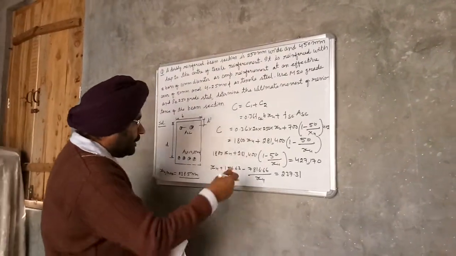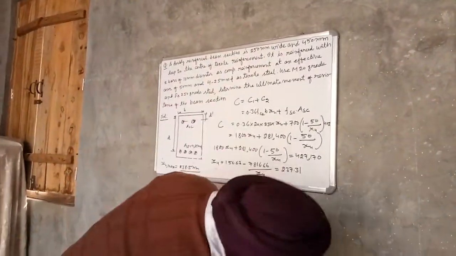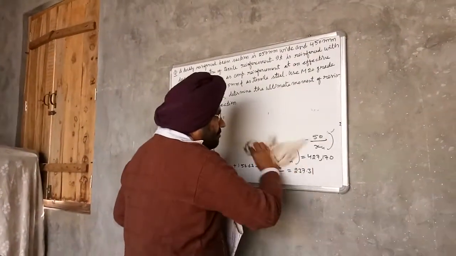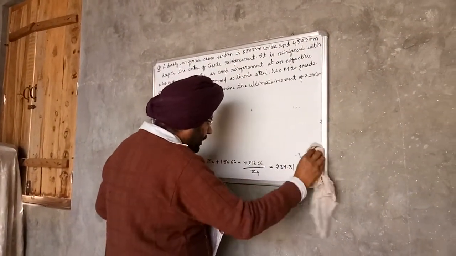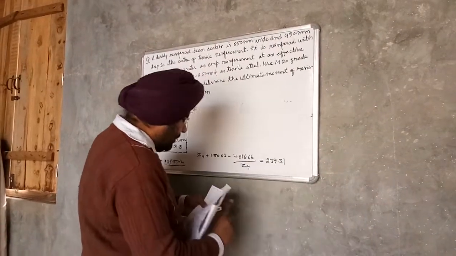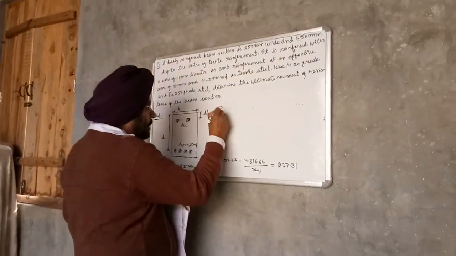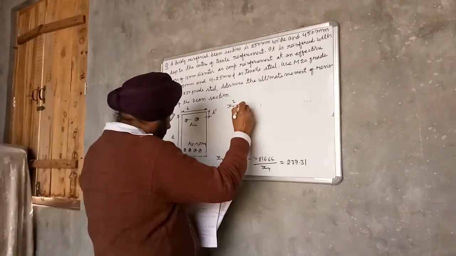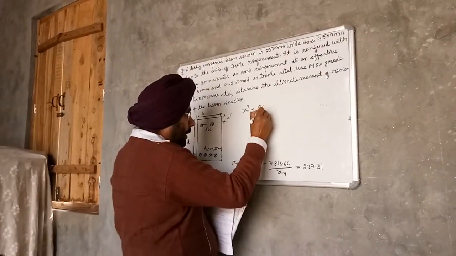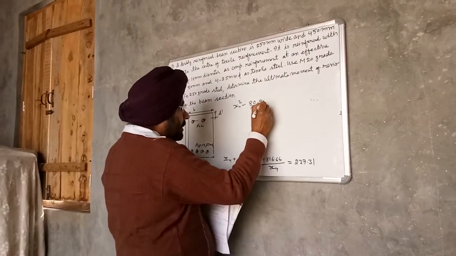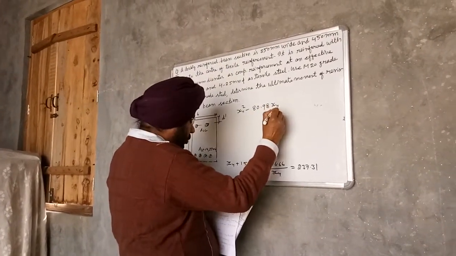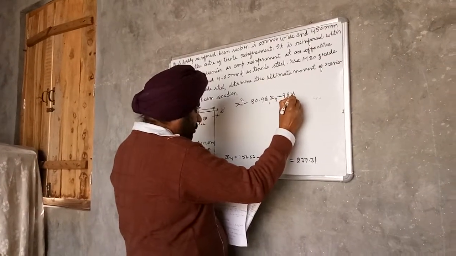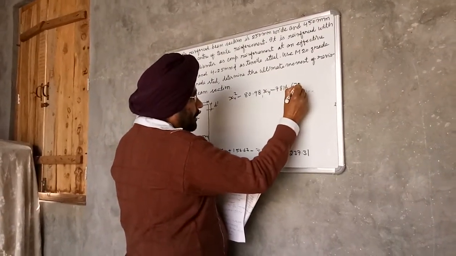Further solving this, we get the quadratic equation in terms of XU: XU square minus 80.98 XU minus 7816.67 is equal to 0.